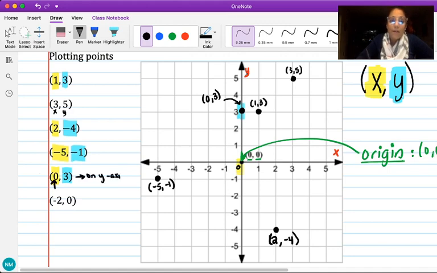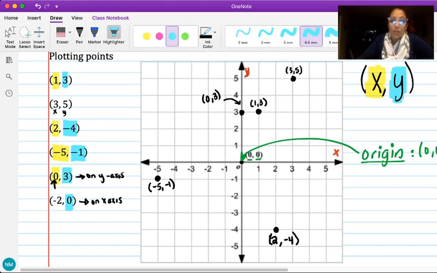If my y is 0, then it's going to be on my x-axis, because it's not going up or down at all. So let's put that point back. My 0 is now at my origin, and I'm going -2 to the right. So I go -2, and I don't go up or down. So that point right there is (-2, 0).